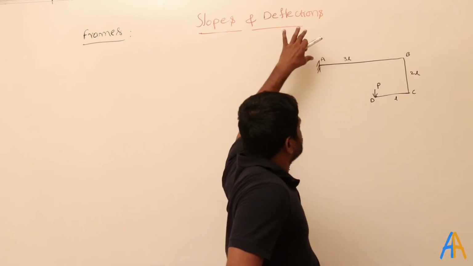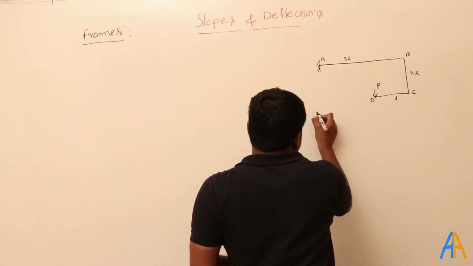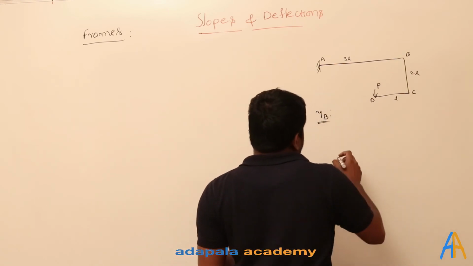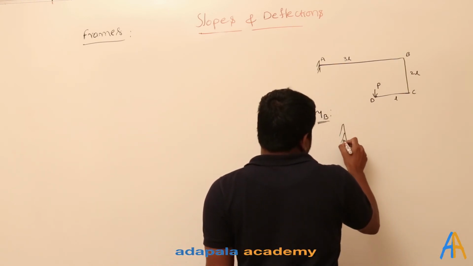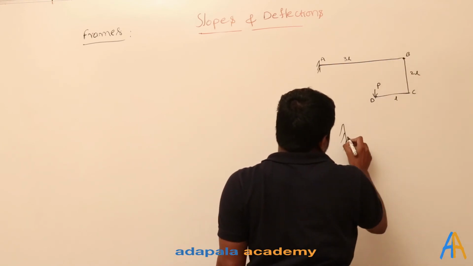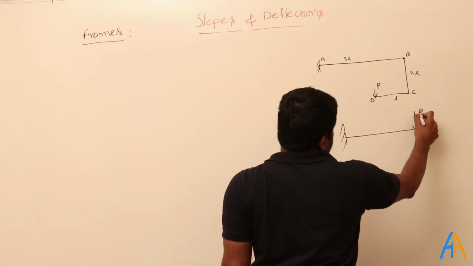Here, for example, if you need to find the deflection at B, then it is easy. When finding the deflection at B, this force will be transferred to this point. So when I transfer this force here, the P will be acting here.